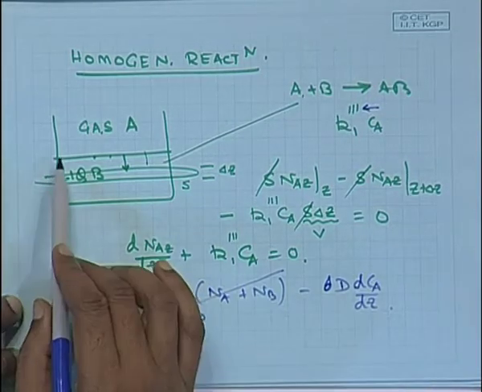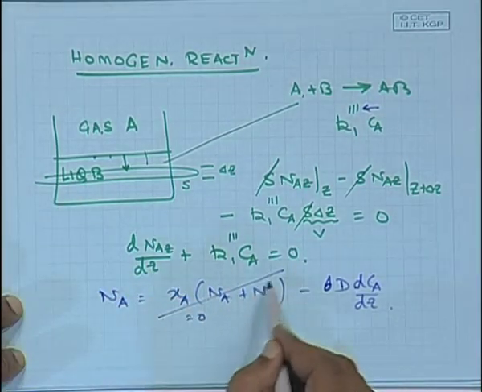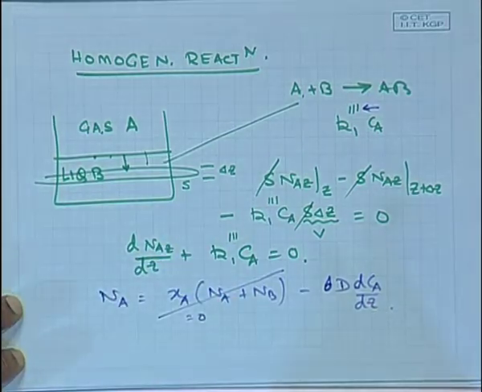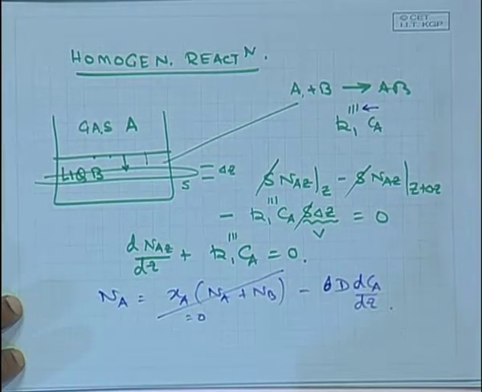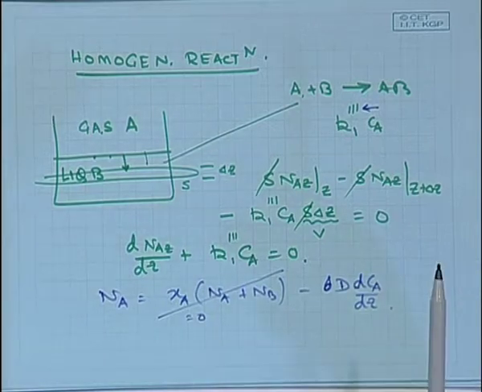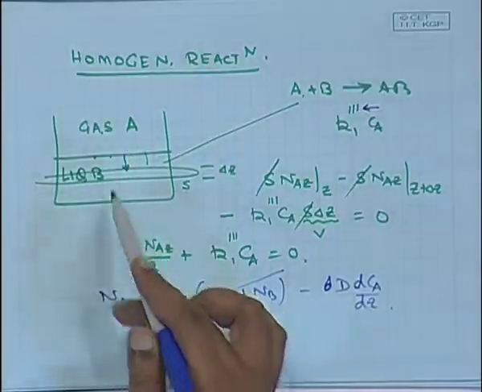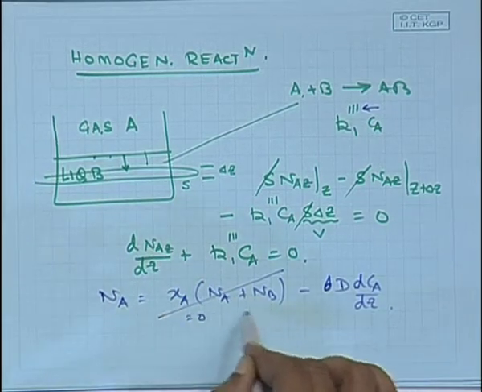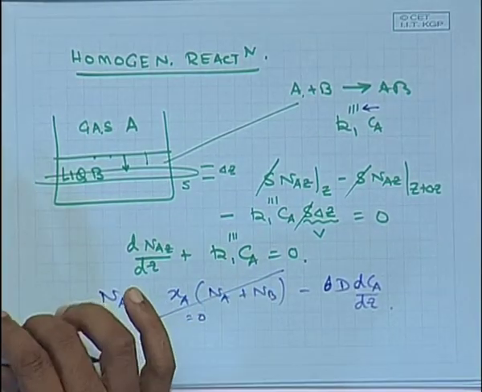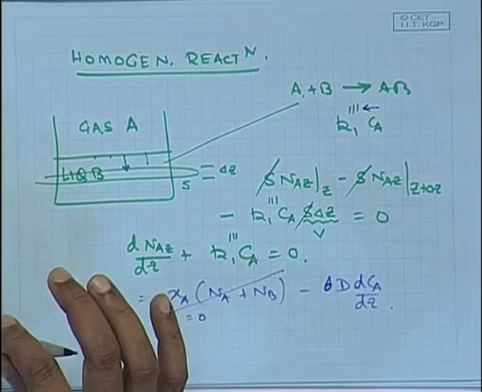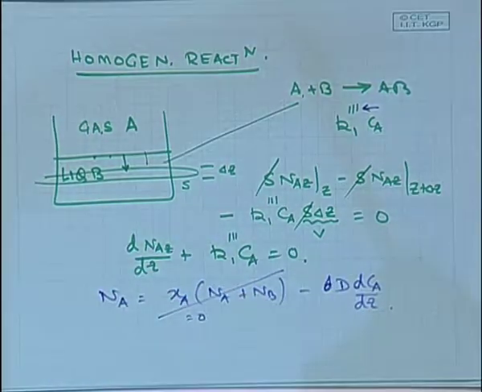Would you tell me what I have to assume to make this equal to 0 for this specific case? What kind of constraint do I have to impose on A and B such that this is going to be equal to 0? Na equals minus Nb, how do you ensure that?